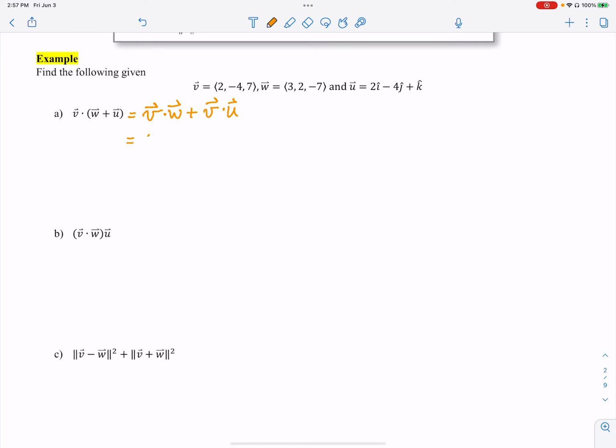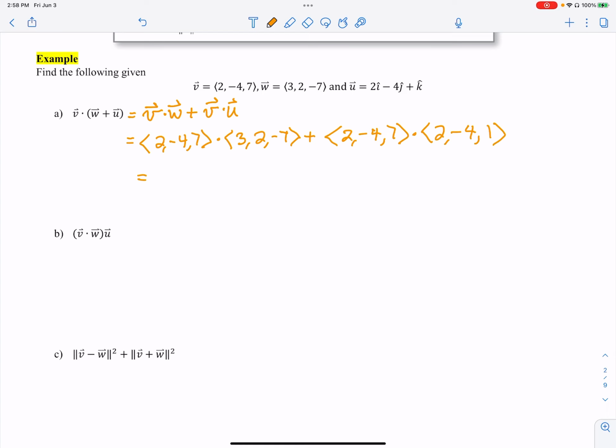I just write these out: v is 2, negative 4, 7, dotted with w, which is 3, 2, negative 7, plus v, again 2, negative 4, 7, dotted with u, which is 2, negative 4, 1.